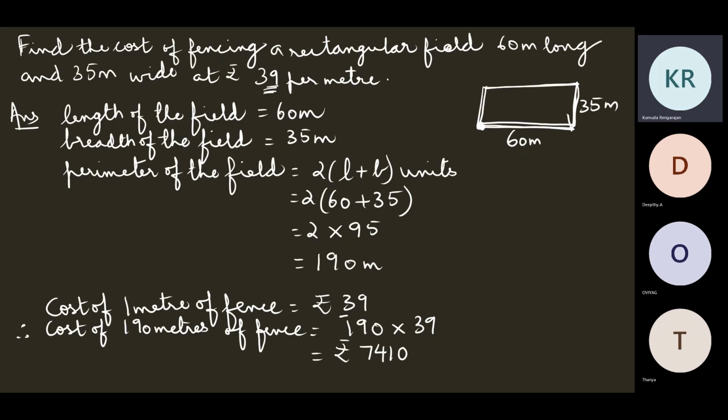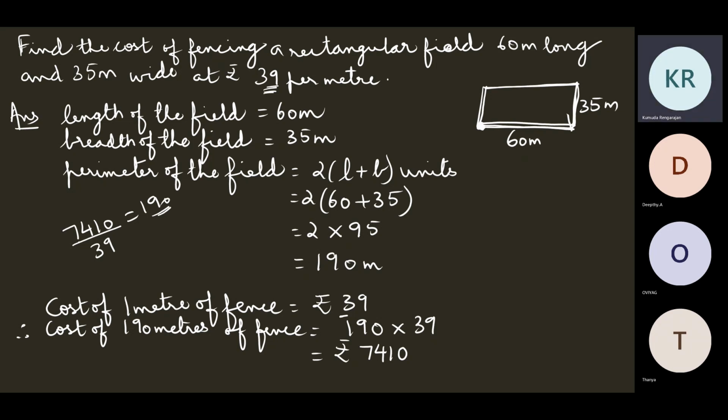So now, children, in this sum, supposing these two things are given to you, that the total cost of fencing is 7,410. When you divide the total cost by the rate, the cost per meter is called the rate, you'll get 190, which is nothing but the perimeter of the field.